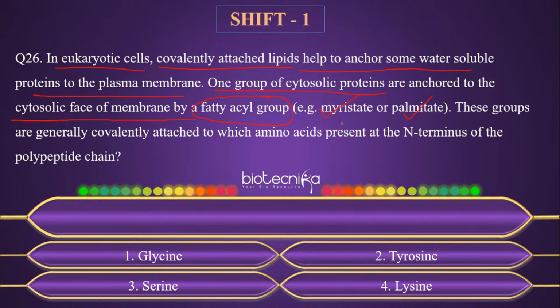These groups are generally covalently attached to which amino acid present at the N terminus of the polypeptide chain? Here are the options: glycine, tyrosine, serine, and lysine. This is a very easy and direct question.